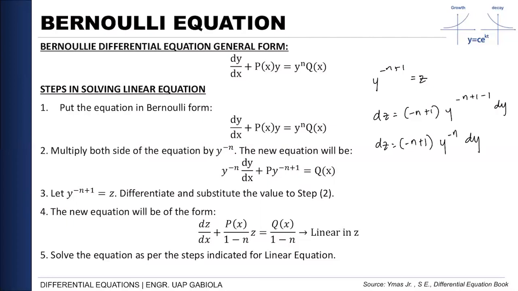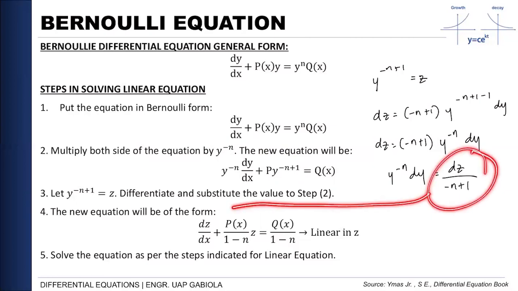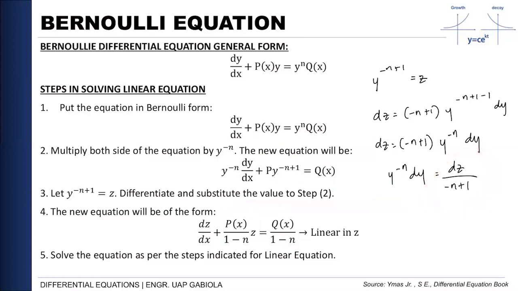Simplifying, dz is equal to negative n plus 1 times y raised to negative n dy. And in our original equation, it is there, no? This is our numerator. So actually, y^(-n) dy we can represent as dz over negative n plus 1. That's why we have it here. So we can represent that as dz.